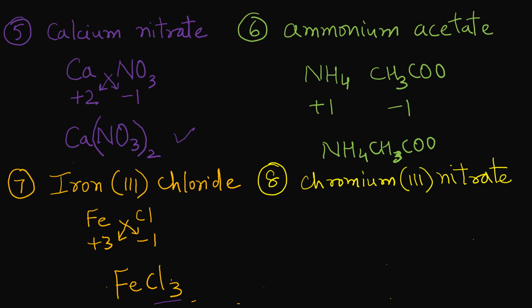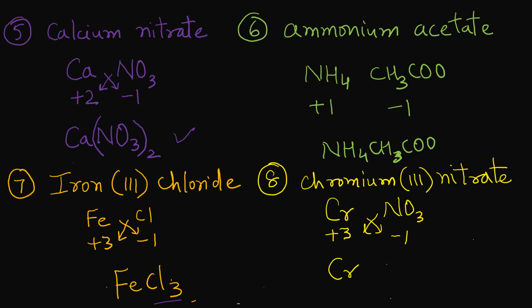We don't need to do anything specific, just look at their formulas and the charges as they are and then crisscross. So chromium is +3 as the given valency, nitrate is NO3 from the polyatomic ion list, charge is -1, so we'll crisscross. So the formula should be Cr.